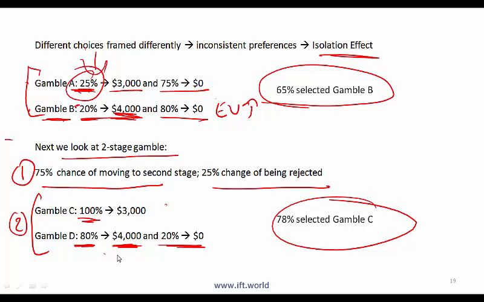So D has a higher expected value. So this expected value is the same as the expected value over here, right? So the point here is that depending on how a problem is framed, people will make inconsistent choices, and that effect is called the isolation effect.